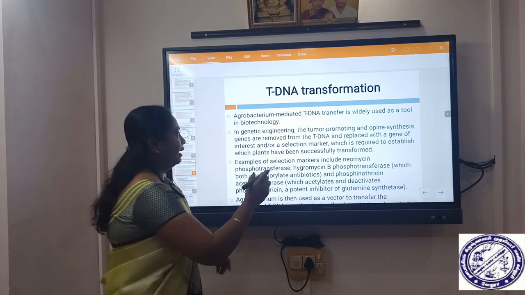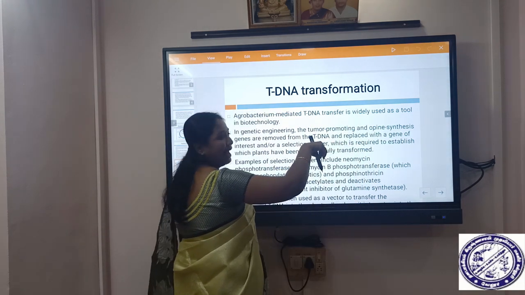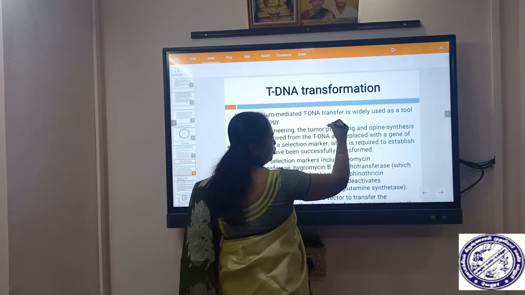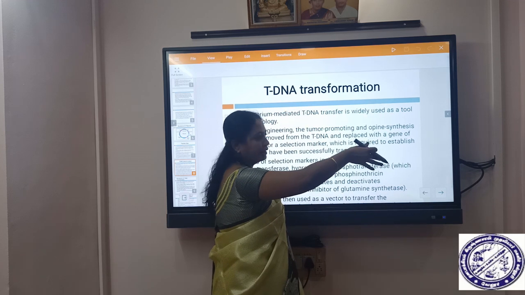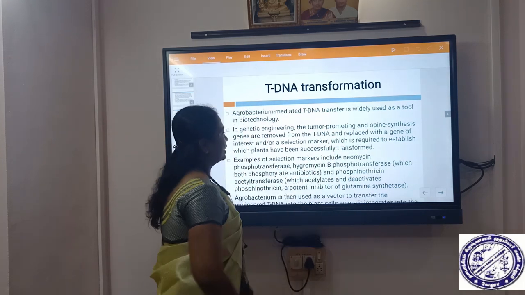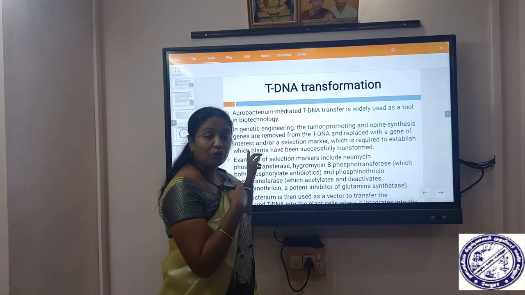As I said, these two genes are not required for the plant, because we are going to remove the tumor promoting gene as well as the opine genes, because they are all unwanted things. Instead of unwanted genes, we are going to replace that with our own gene of interest.